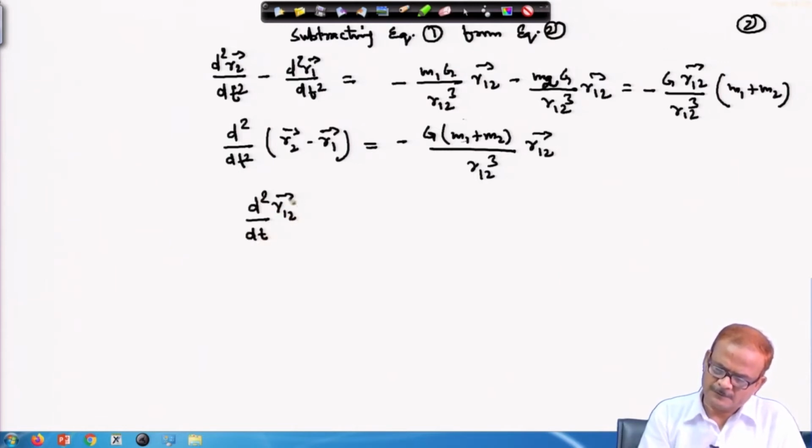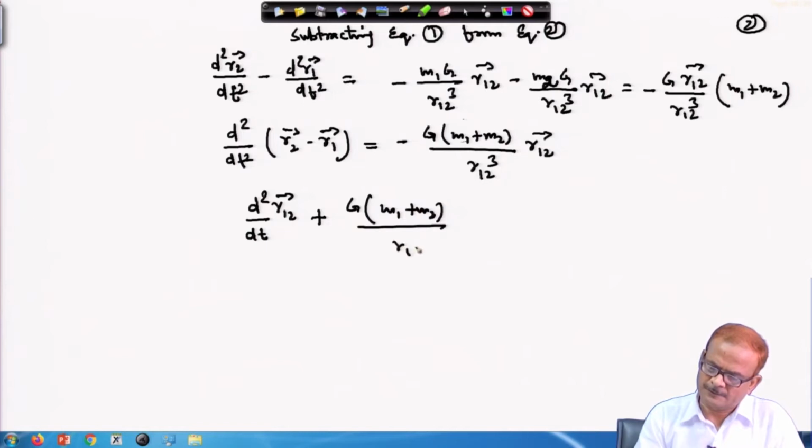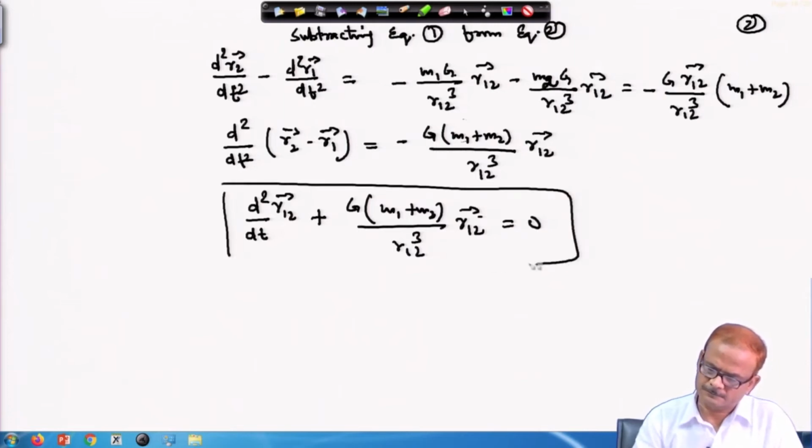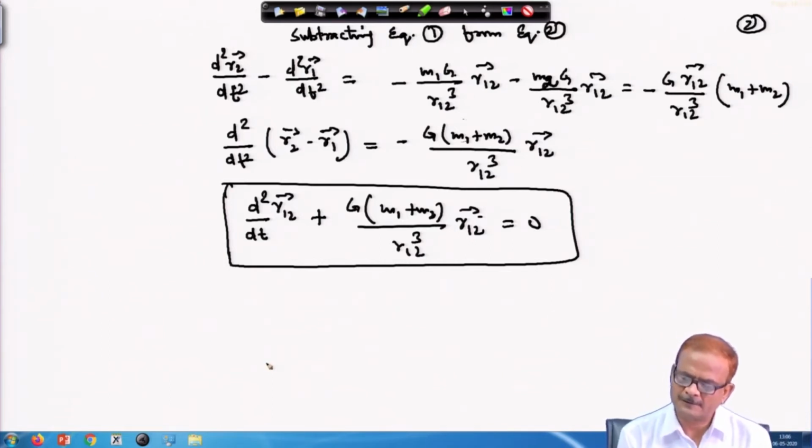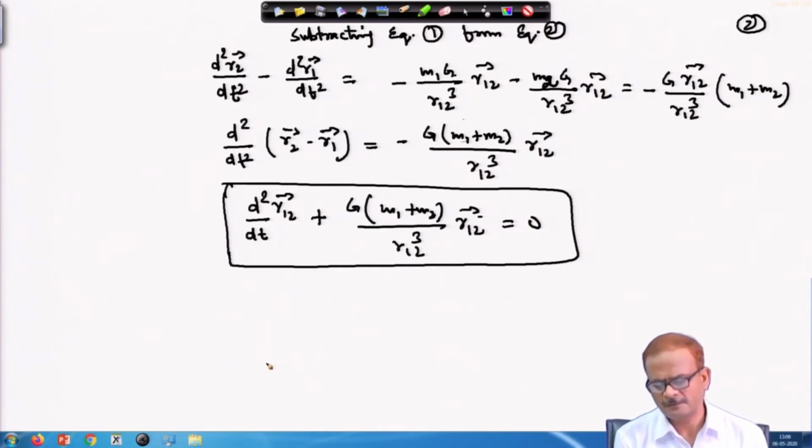So this is r12 double dot plus G (m1 plus m2) divided by r12 whole cube times r12. So this is the equation of relative motion of particle 2 with respect to particle 1.